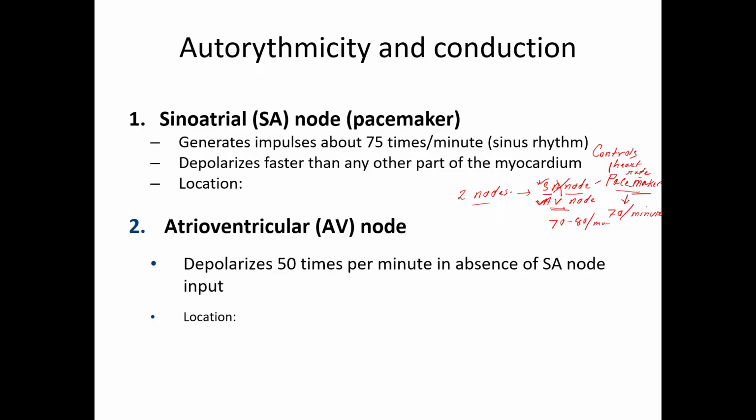However, the second one is not that efficient, and the AV node can produce impulses only at a slower rate, 50 times per minute, slower than SA. This is SA, this is AV. So in that case, your heart rate will be 50 per minute, so slower. However, the heart will function, and the person will survive.